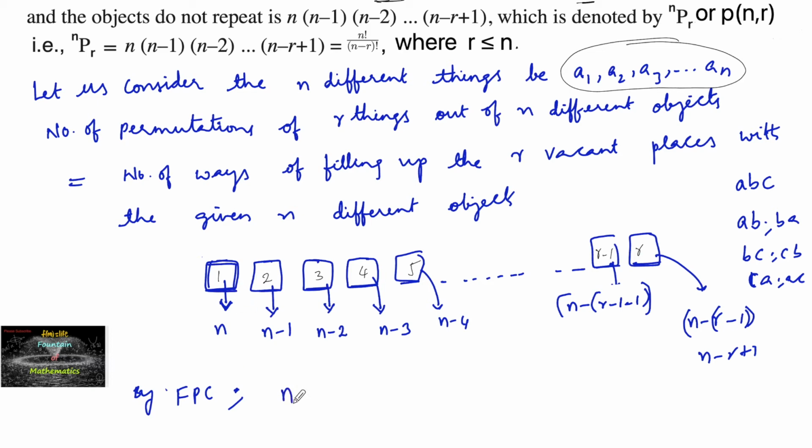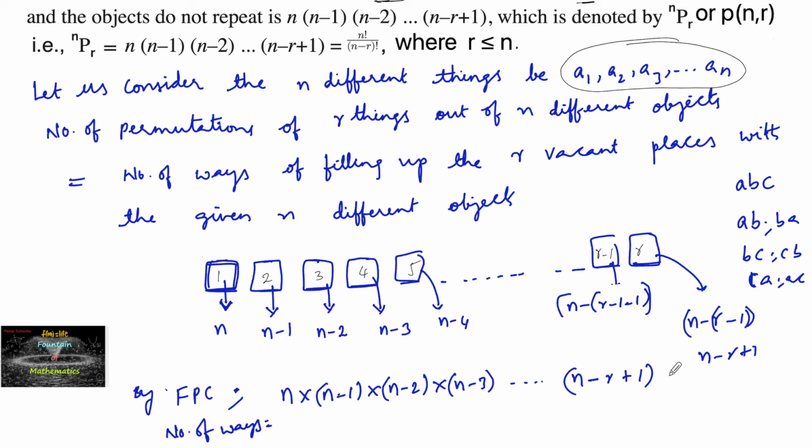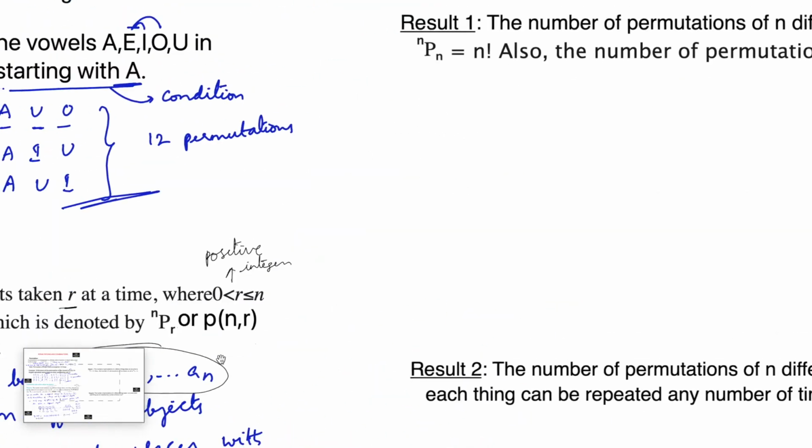First n, then into n minus 1, into n minus 2, into n minus 3, into n minus 4, and so on, n minus r plus 1. And this is the number of ways. So by the fundamental principle of counting, the number of ways of arranging r things among n different objects is nothing but n into n minus 1 into n minus 2 into and so on n minus r plus 1.